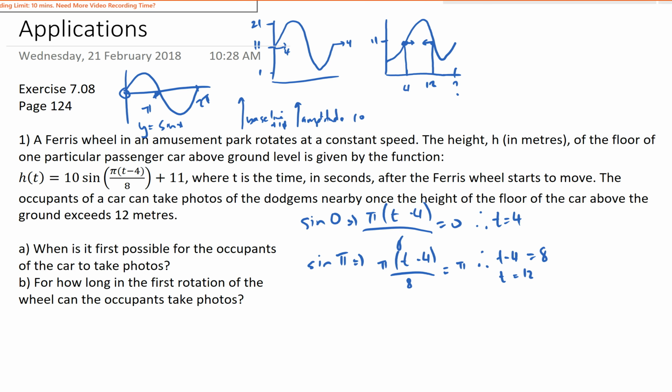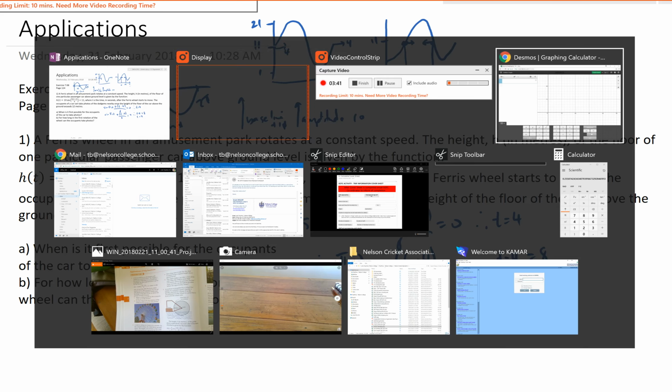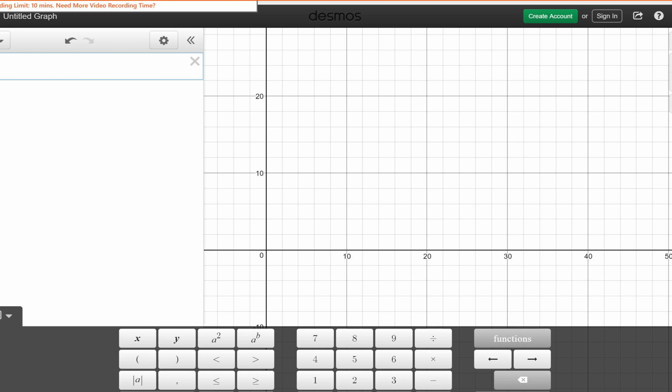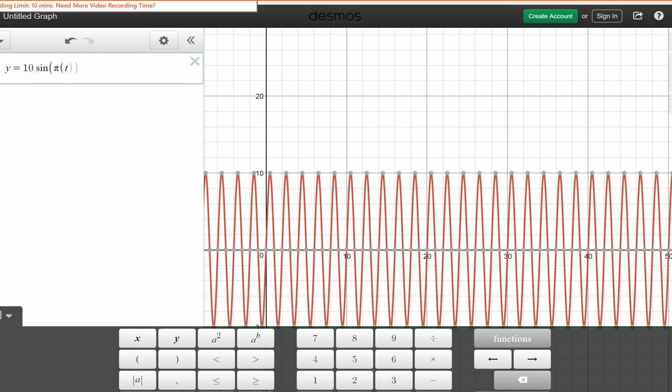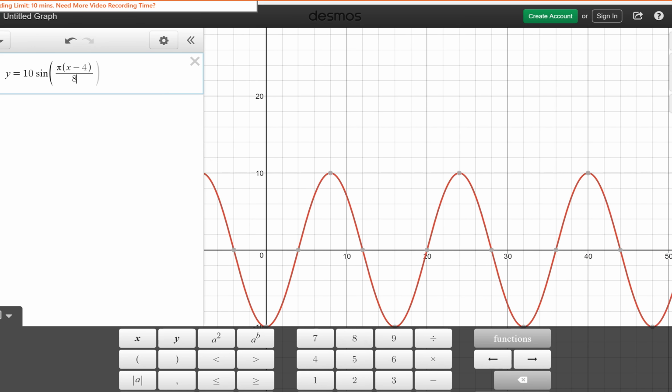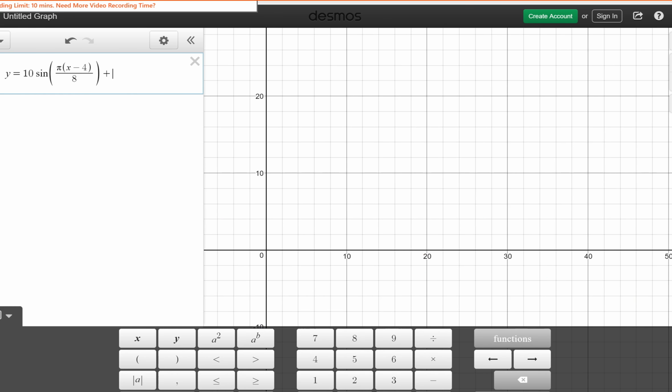If you can't, remember what I said, try Desmos, type it all in. Y equals 10 sine pi bracket x minus 4, close bracket, divided by 8, close that bracket off, plus 11.